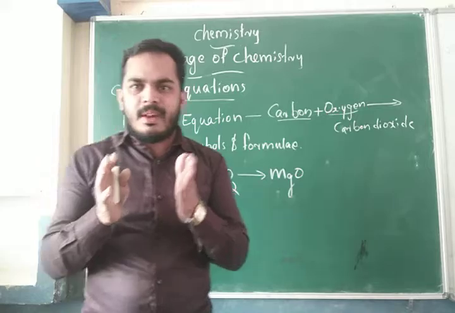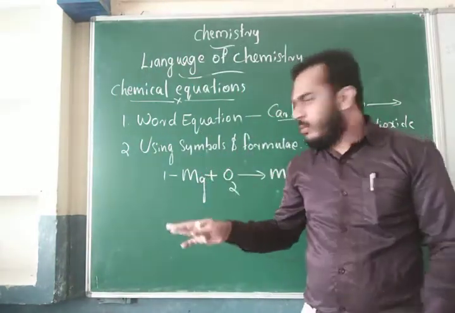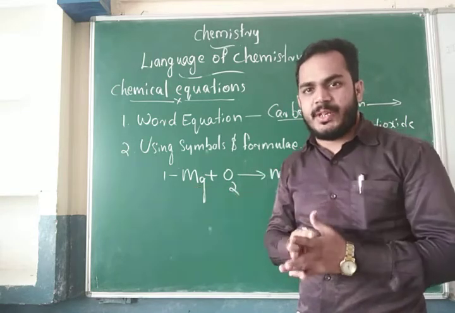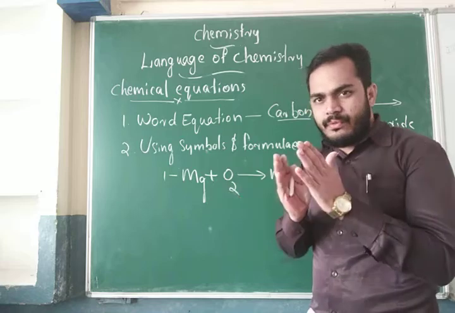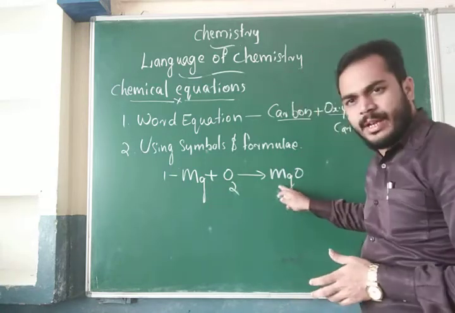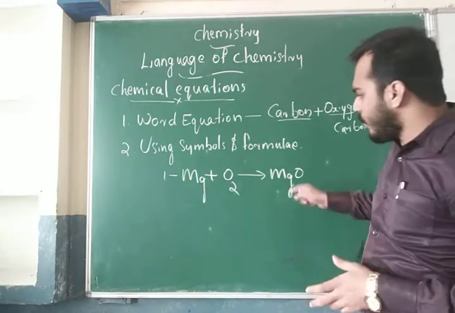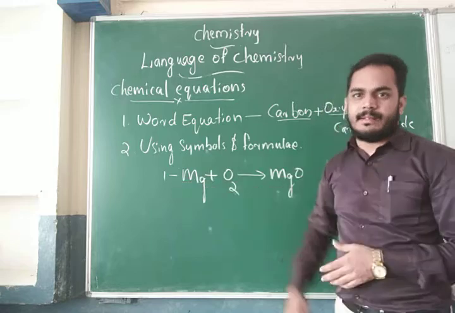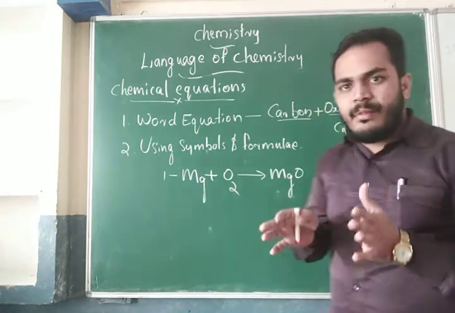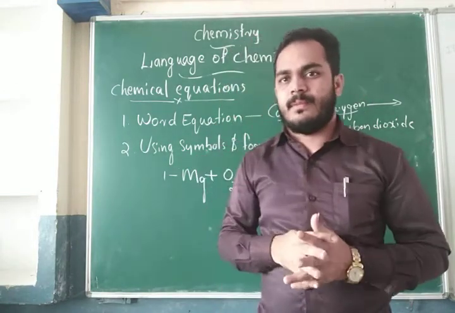This is also a best example for symbols and formulas. Mg is the short form of magnesium, and O is the short form of oxygen. Both combine together to form a new product called magnesium oxide. So here I am only using symbols to make the formula. It is a famous and very important method used in chemistry.